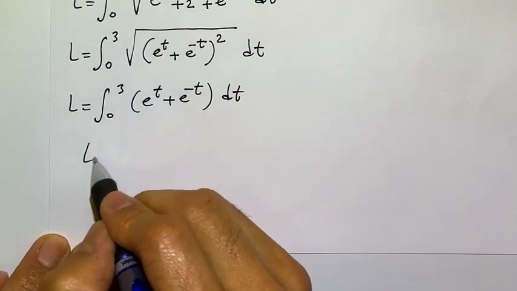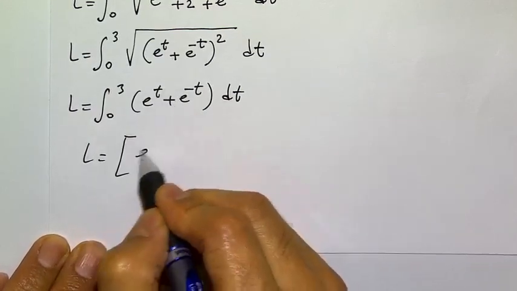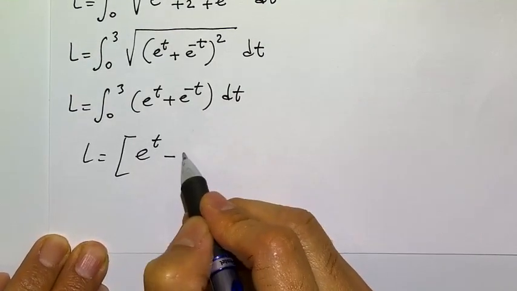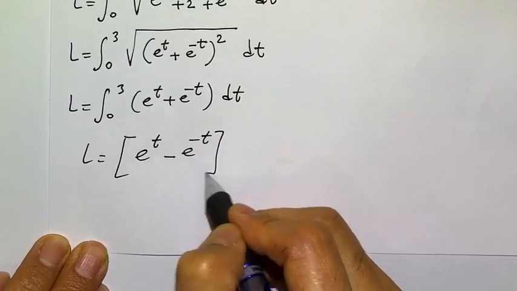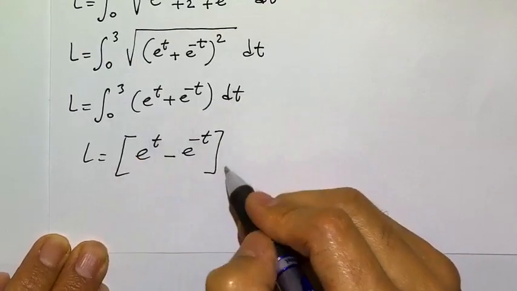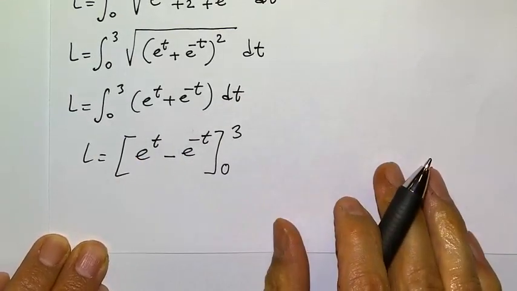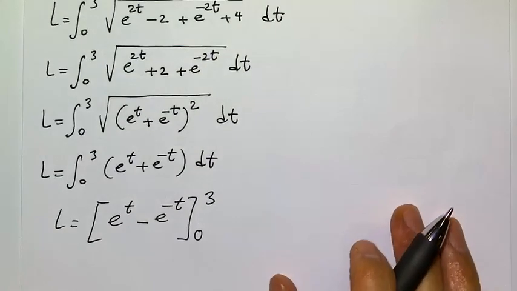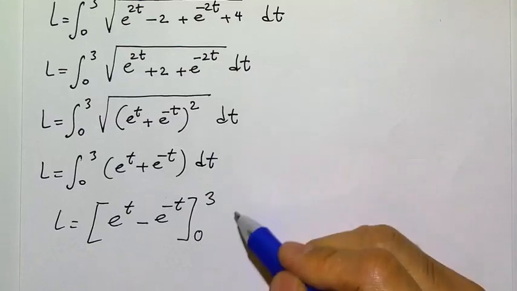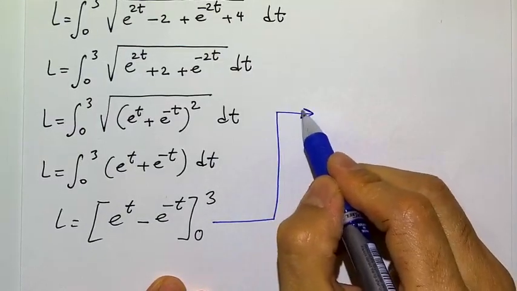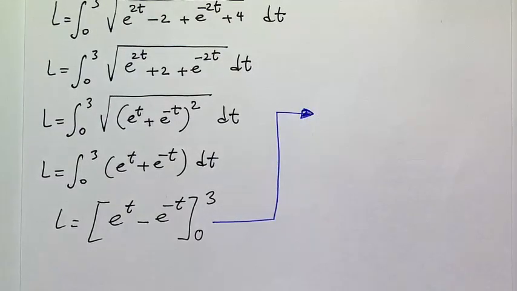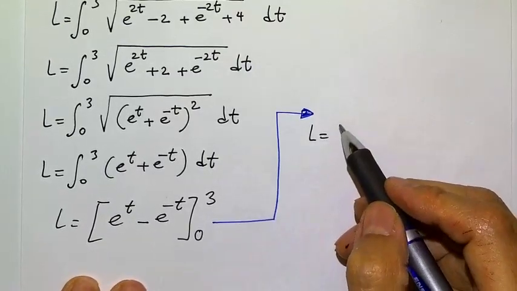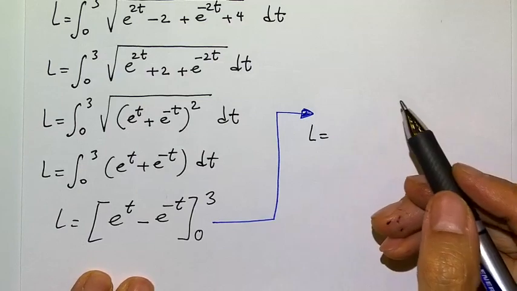so we have e to the t integrates into e to the t power, and this one minus e to the minus t power, and of course this is going from 0 to 3. Okay. So then we can continue here. So we have the length of the arc, or length of the curve.